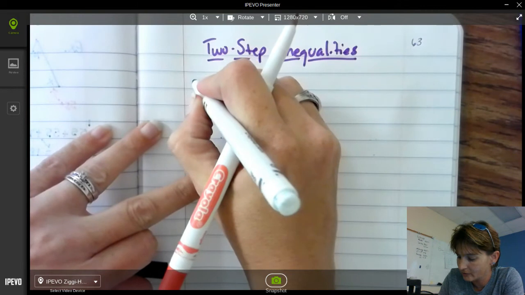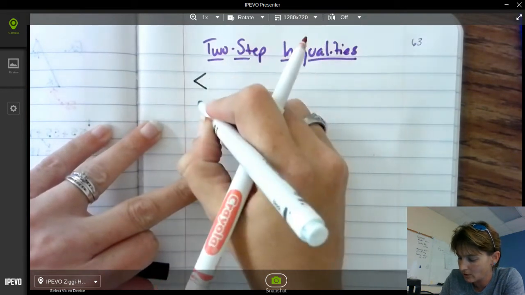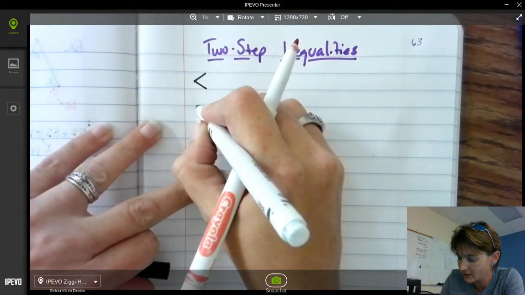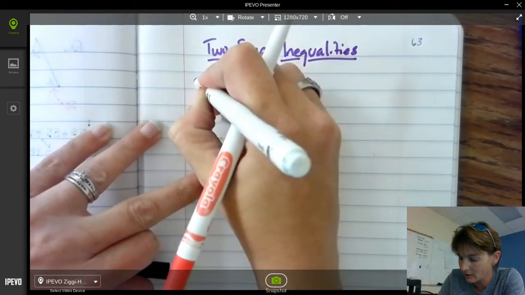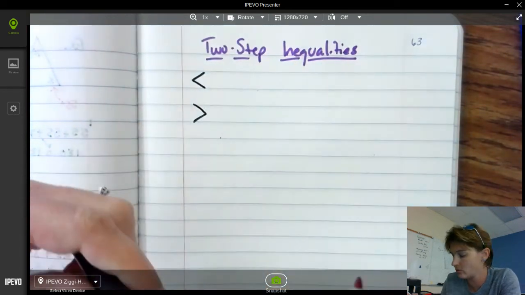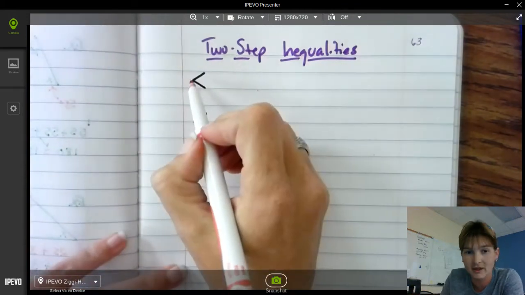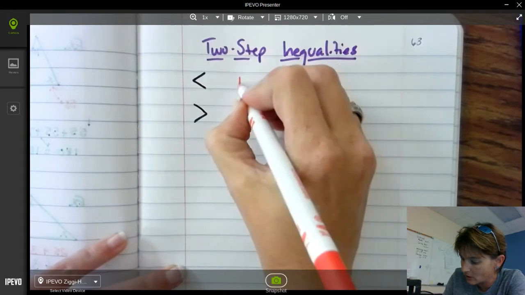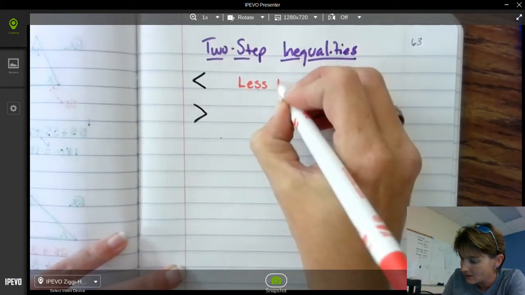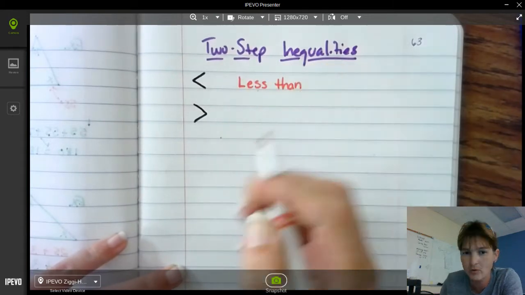So you have what y'all called in elementary school possibly your alligator mouth, but we are no longer in elementary. This is reading from left to right. If it's smaller on the left, bigger on the right, it is your less than symbol.